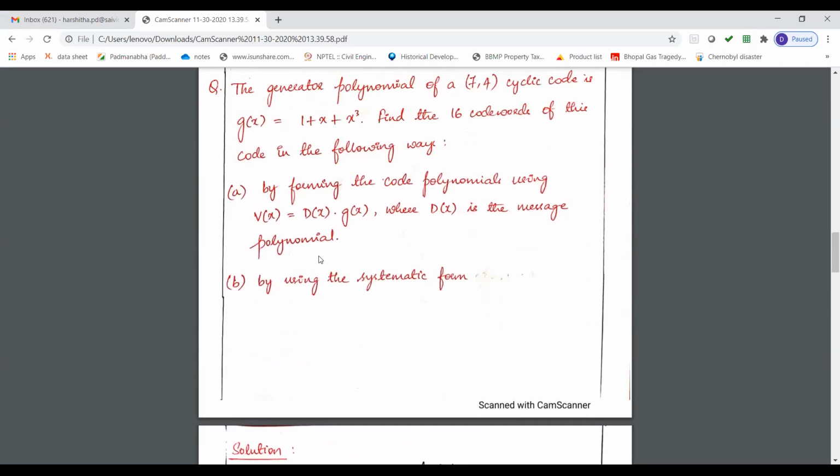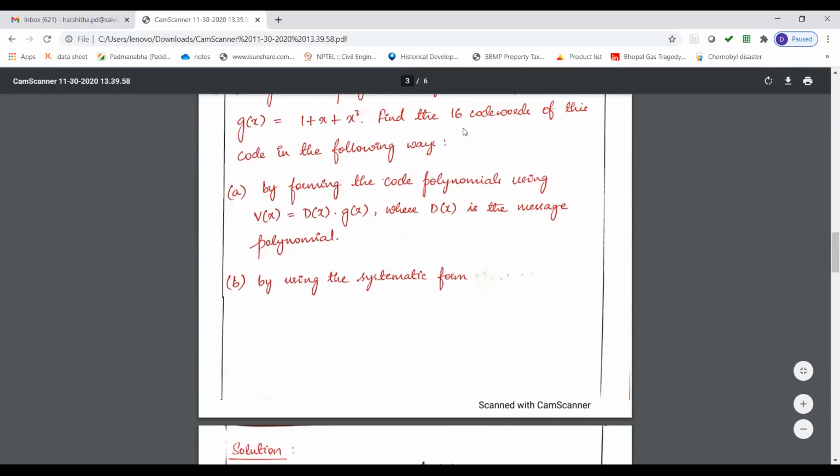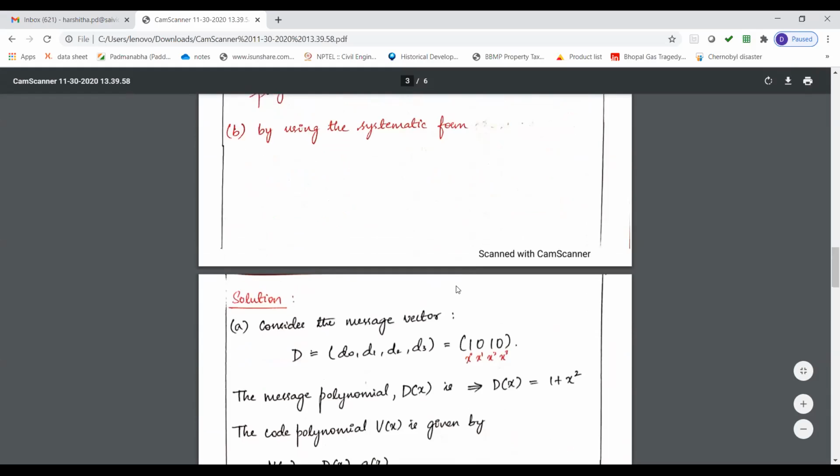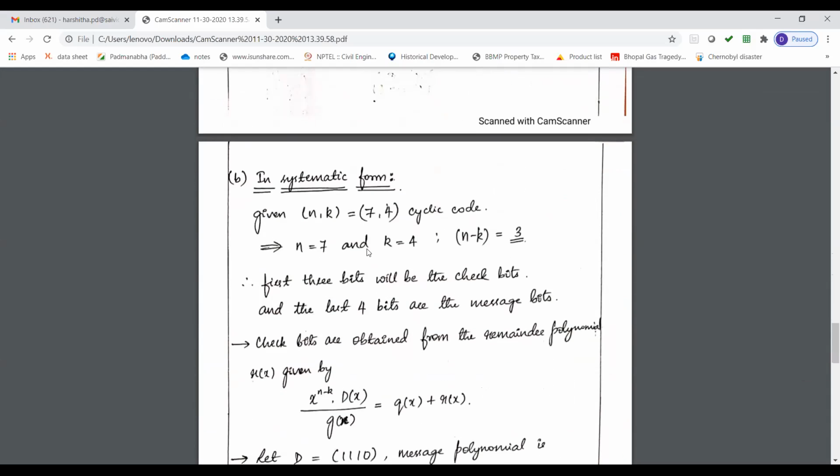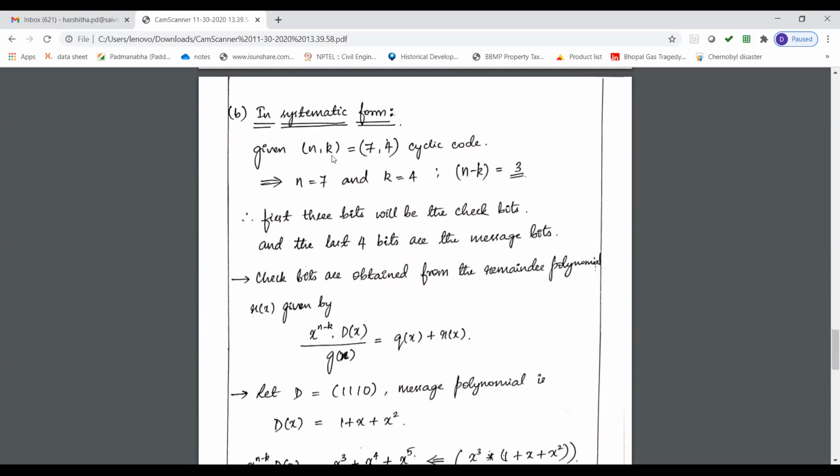Next, what are we supposed to do? We are supposed to find the 16 code words of this code by using the systematic form. So how will we do that? In systematic form, we are already given with n comma k cyclic code, that is 7 comma 4, n is equal to 7 and k is equal to 4, and n minus k is nothing but 7 minus 4, that is 3.